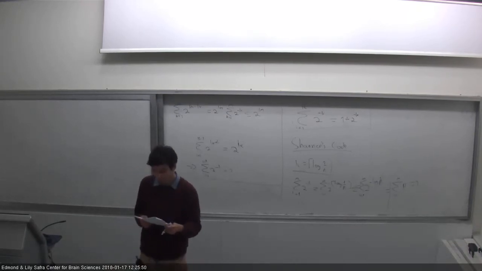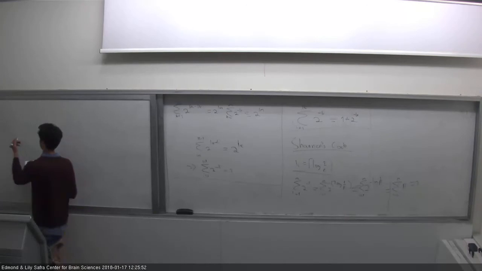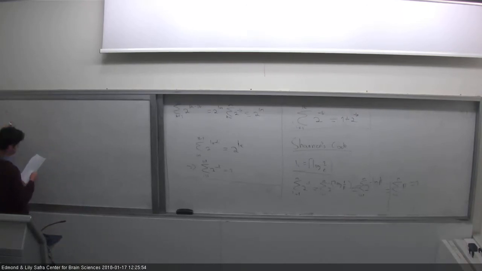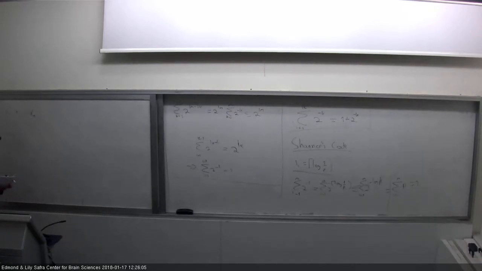So if y is equal to x1 to xn, we want to ask what is the expected length of y divided by n.